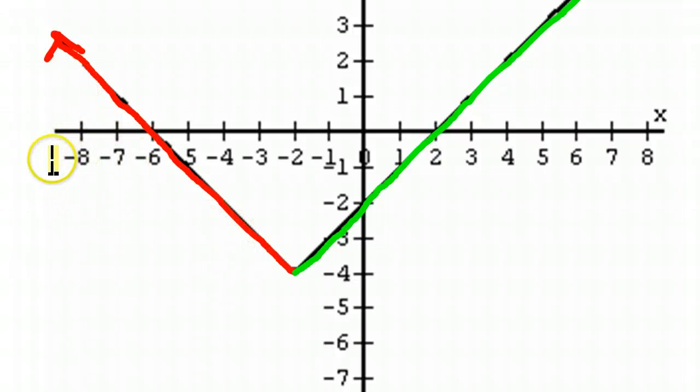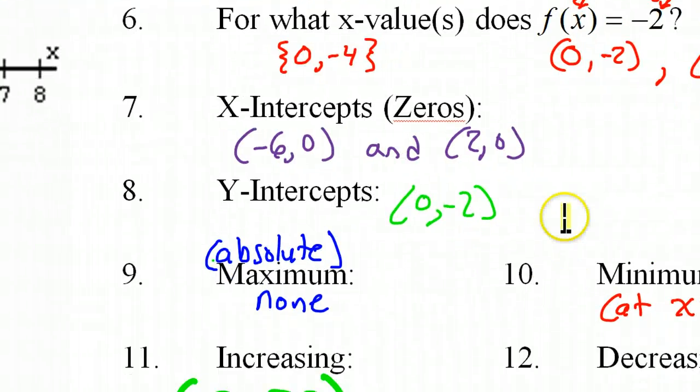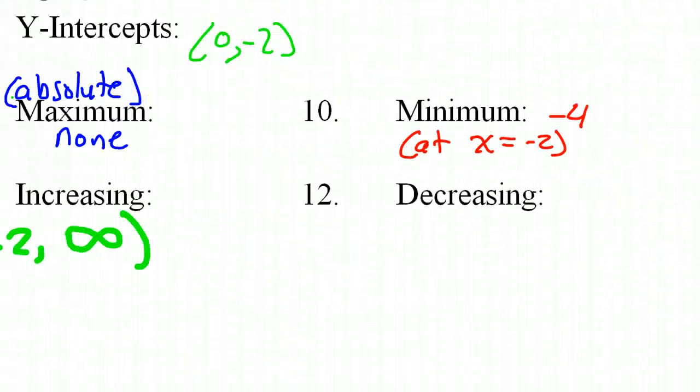Hopefully you can see that the cutoff is right here again at -2. This graph is decreasing everywhere you are to the left. So basically the domain of this red arrow is -infinity to -2. So the decreasing interval is from -infinity to -2.